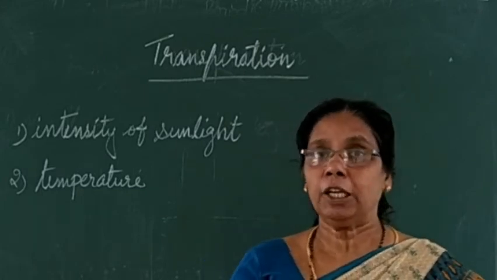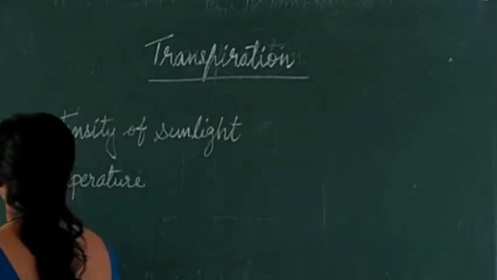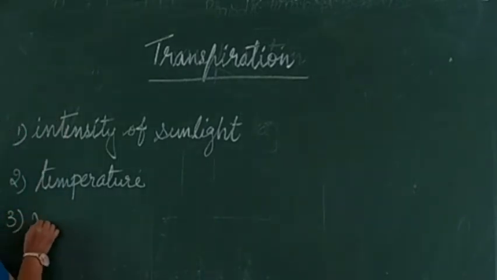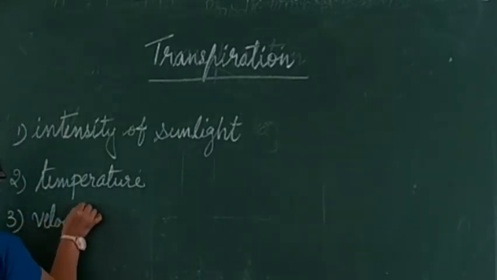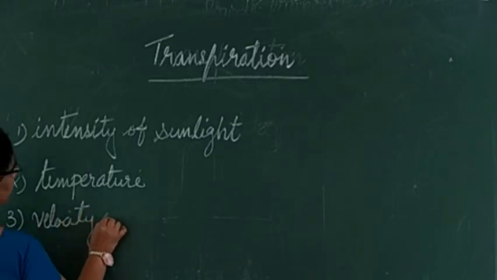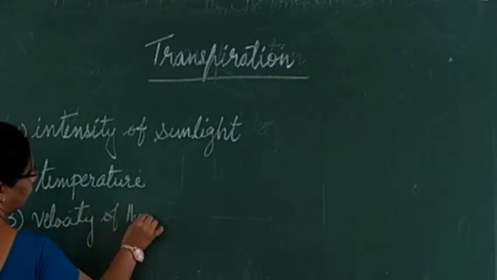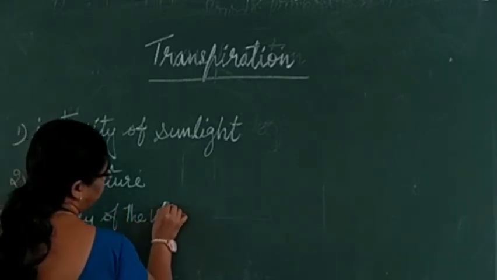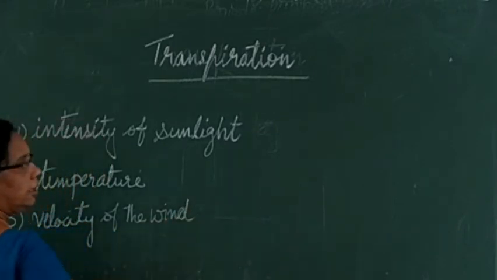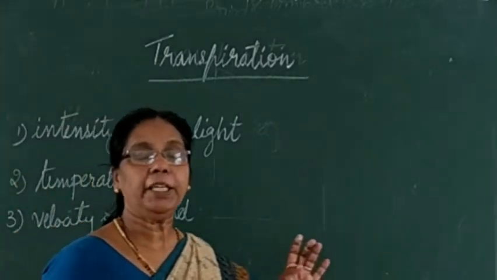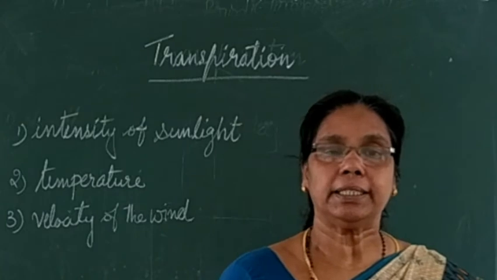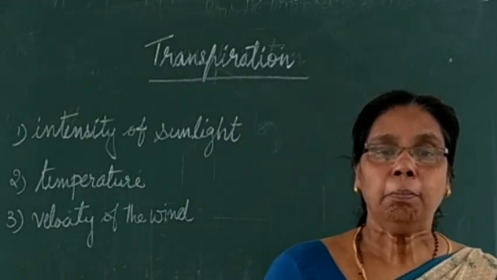Third one is velocity of the wind. What is meant by velocity? It is the speed of the wind. Some days you can see that heavy wind will be blowing.